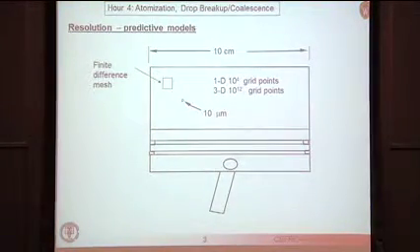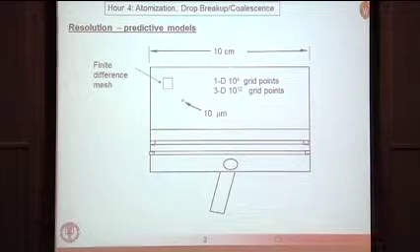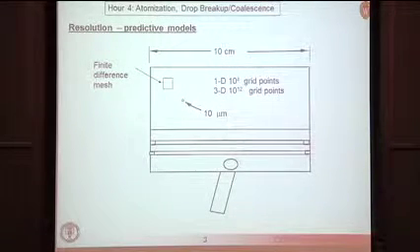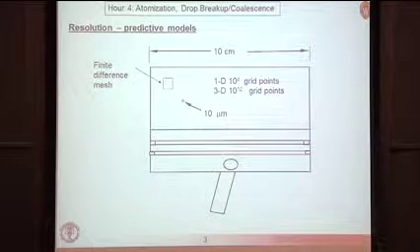You can see that if we wanted to resolve down to the level of droplets, we would need 10,000 grid points if we were doing a one-dimensional calculation, just to get down to 10 micron. But in a three-dimensional calculation, that would be 10 to the 12 grid points. And it's just totally impractical to expect that you could resolve down to the size of droplets in a spray.